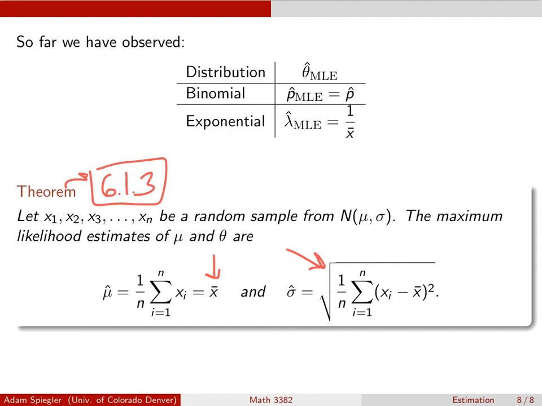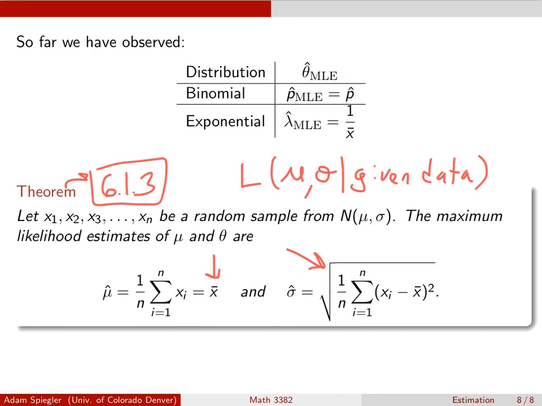And so one thing to note here is that normal distributions depend on two parameters. So when you find your likelihood function, that's going to be a function of two variables. It's going to be a function of the parameter mu and the parameter sigma.